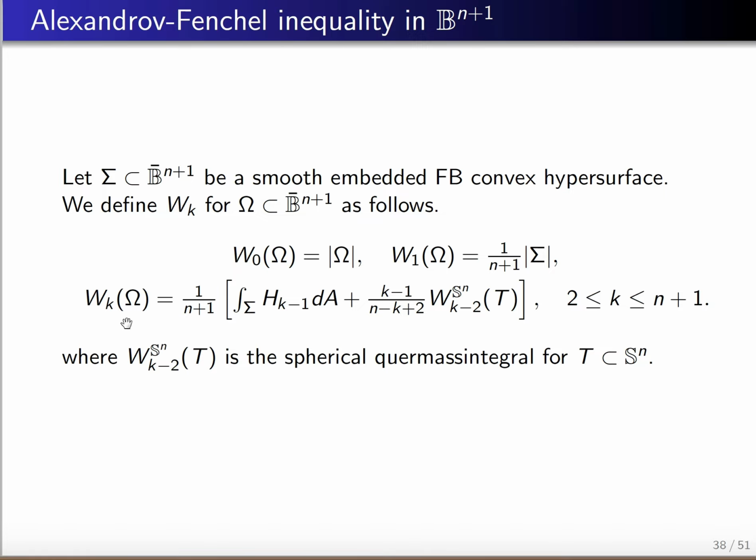Okay, and Wk of omega is defined to be the hypersurface integration on sigma of the mean curvatures plus some quermass integral, the spherical quermass integral of T. Here, because T is a convex domain lying on the n sphere, there is a well-defined quermass. Here W_{k-2}(T) is the spherical quermass integral.